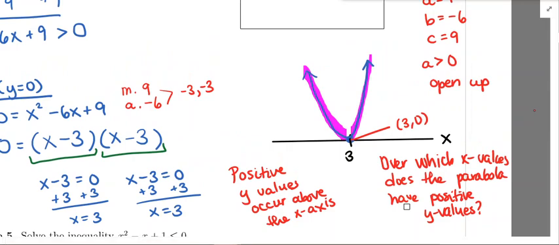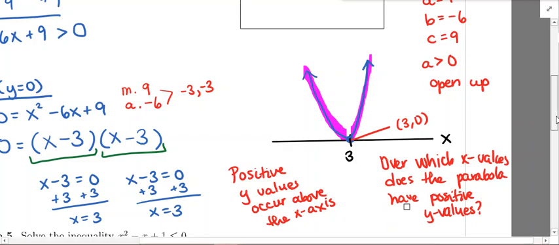So what you should be seeing from the parabola here is that the entire parabola is above the x-axis except at x equals 3. Remember, the domain of a polynomial is all real numbers. You can plug in any x number you want. The parabola is defined over the entire x-axis. So for every single x value, the parabola is above the x-axis except at x equals 3.